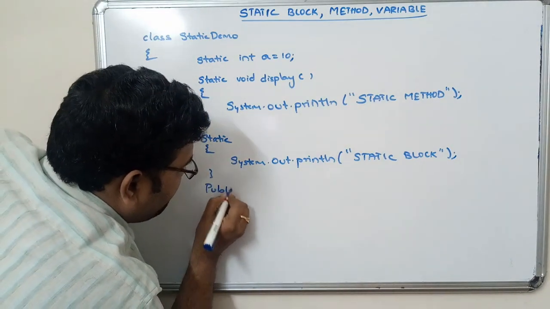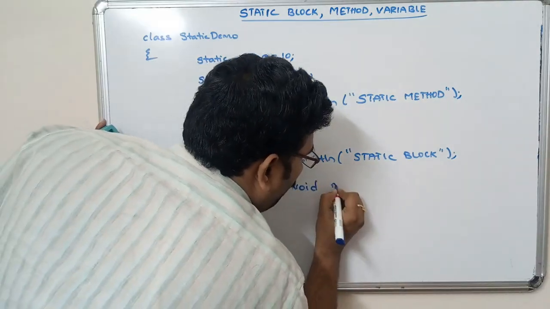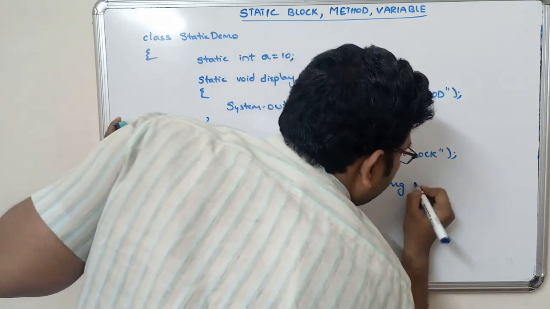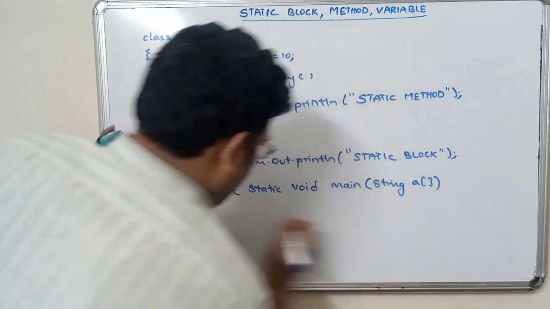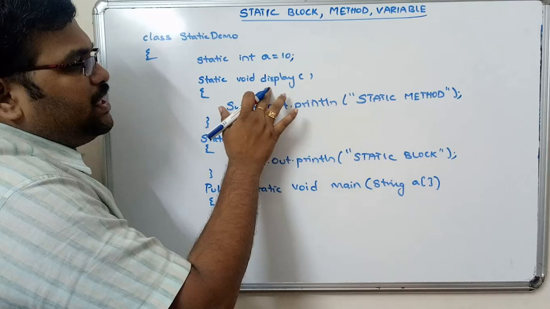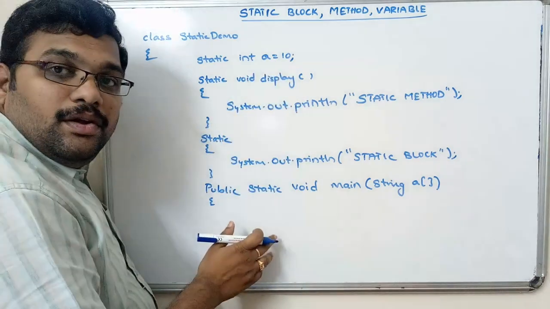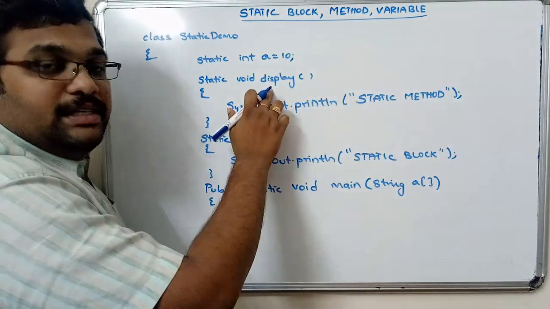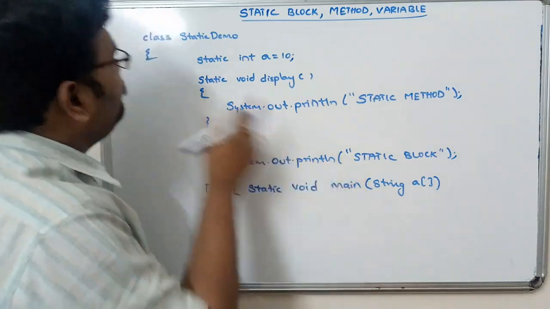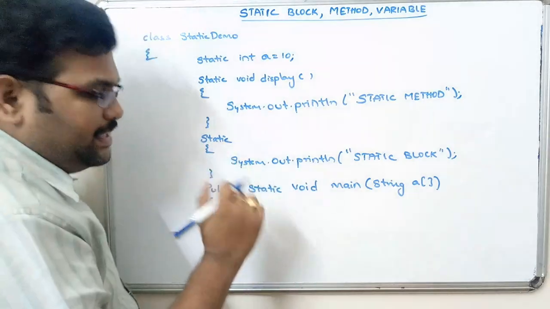public static void main, String args. In order to access these methods or variables that are static, we access them directly or with the help of the class name. Here we are writing the main function within the same class, so everything is in the same class and we can directly access them.